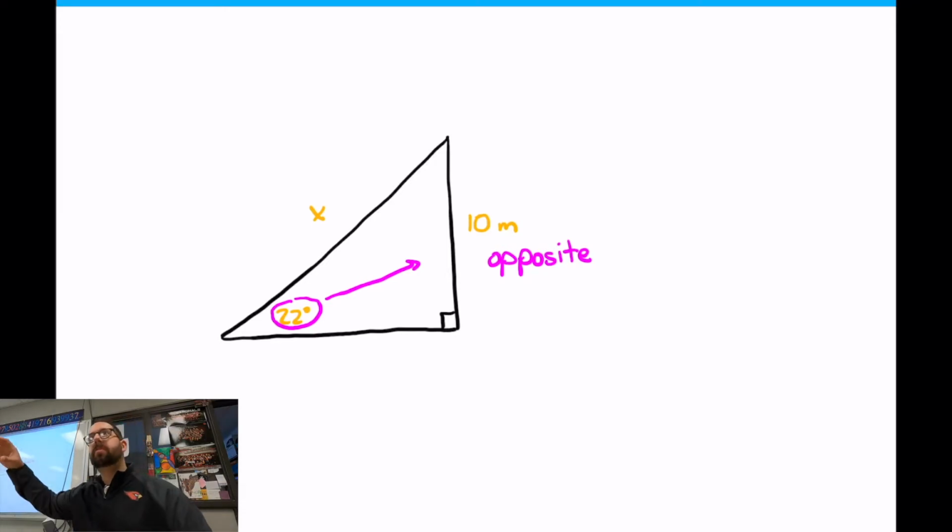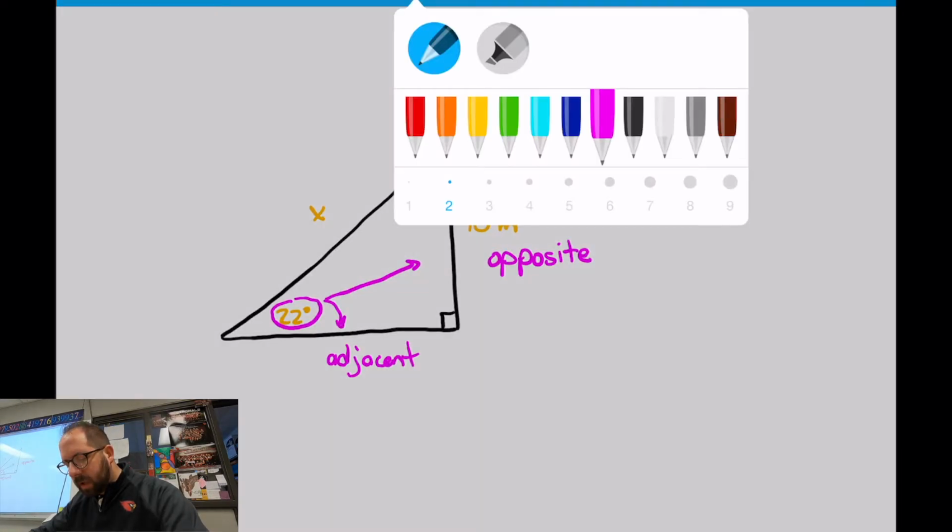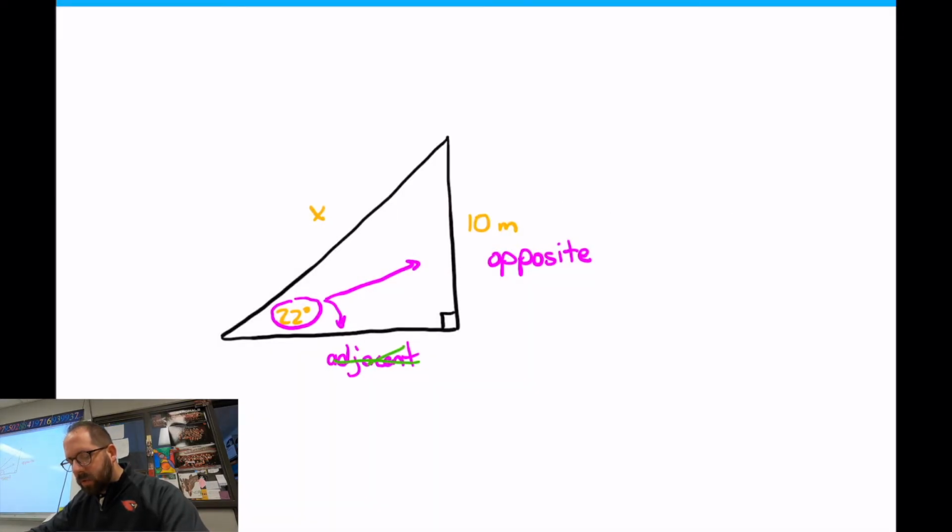So across the picture is opposite. Right here is the adjacent wall. The opposite and adjacent should touch the 90. It looks like in this case, I am not using the adjacent wall again. It's not being used, so I don't need it. There's no variable there, there's no number there. And then obviously the last wall here is the hypotenuse. And that's actually the wall we're trying to find.